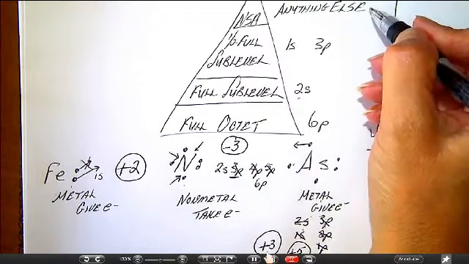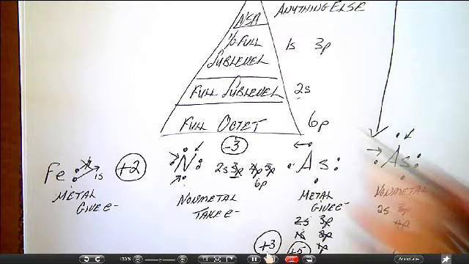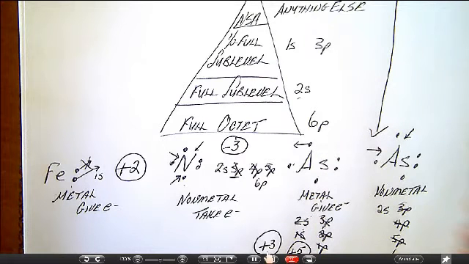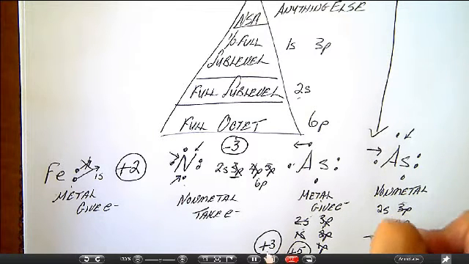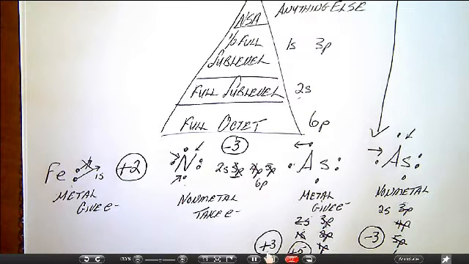Still no improvement, still NSA. 6p. Back down to full octet. We've taken 1, 2, 3. Our last oxidation number, -3. So our oxidation numbers for arsenic are +3, -3, and +5.